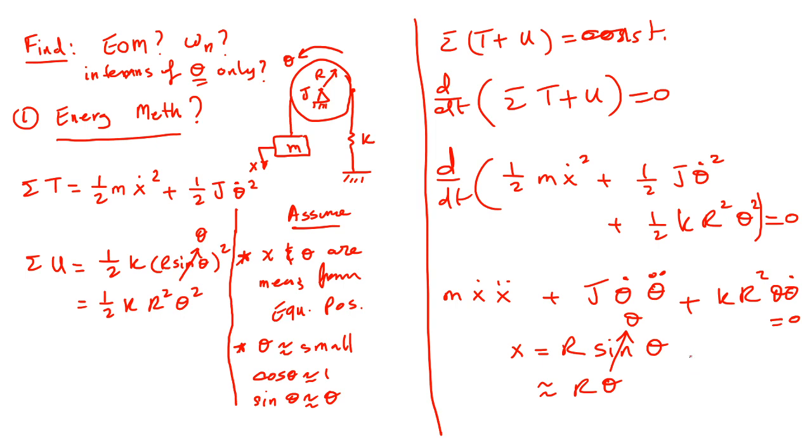So x is r theta, from the assumption here. So x dot is r theta dot, and x double dot is r theta double dot. Good?